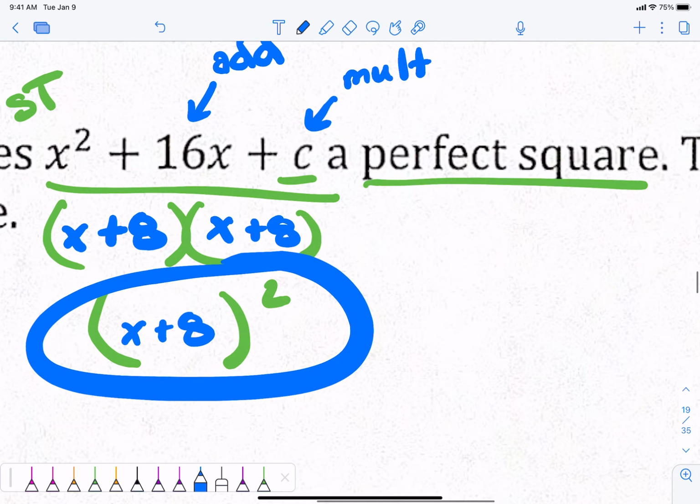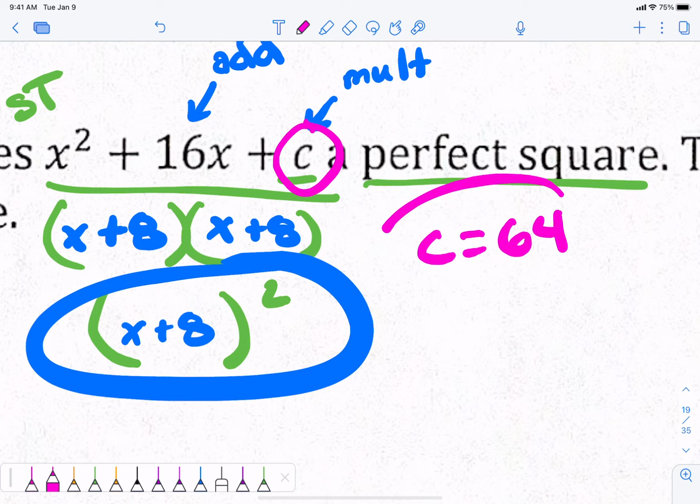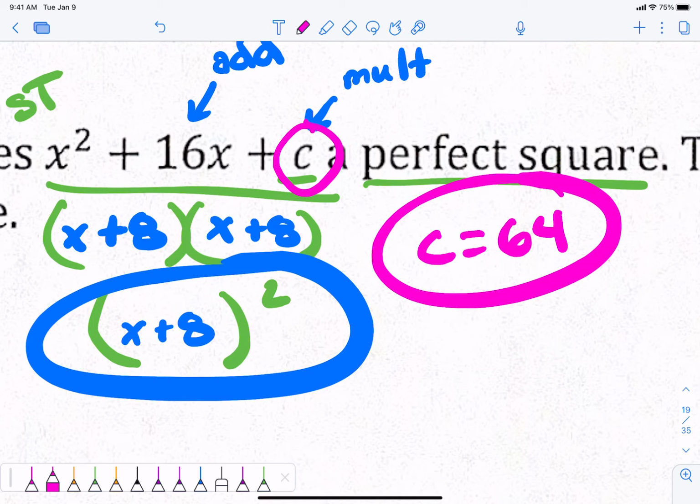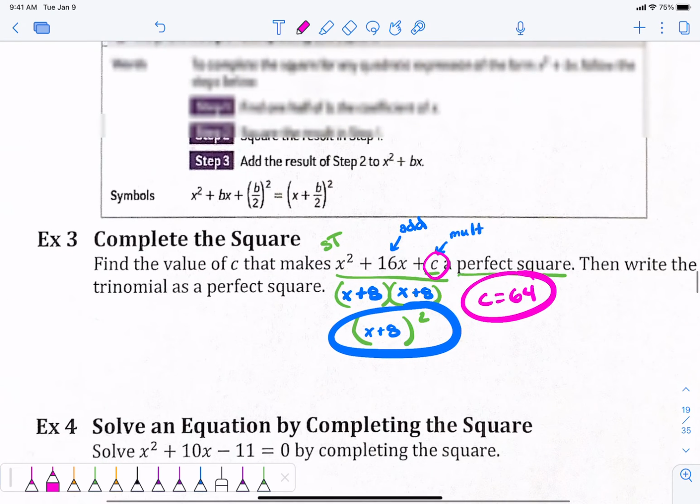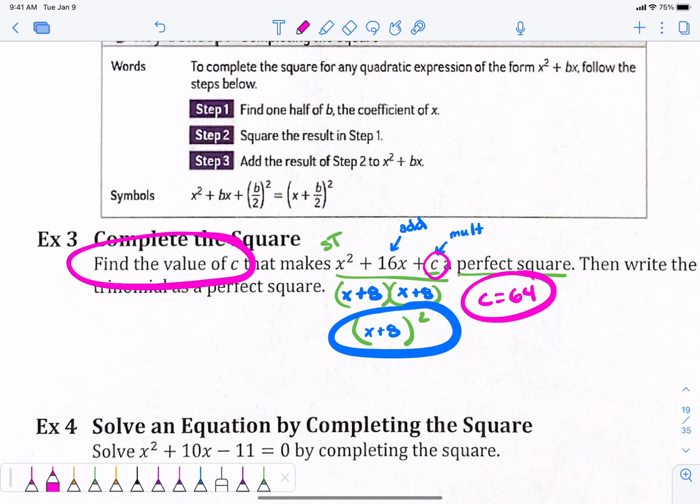Now, if that's x plus 8 squared, what will the c value be? 64. How did you get that? 8 times 8 is 64. So c will be 64. And in this example, they wanted two answers, and I have them circled. They wanted us to find the value of c and then write the trinomial as a perfect square.